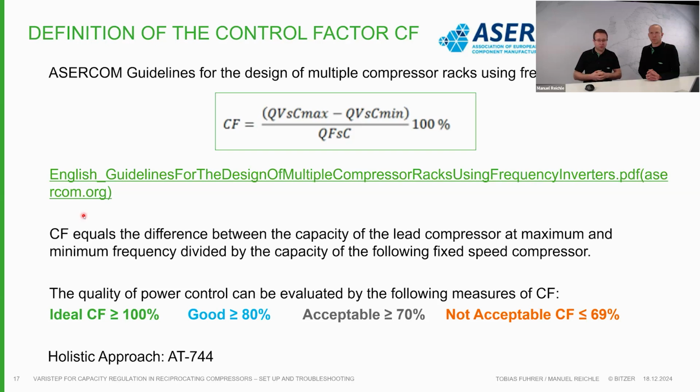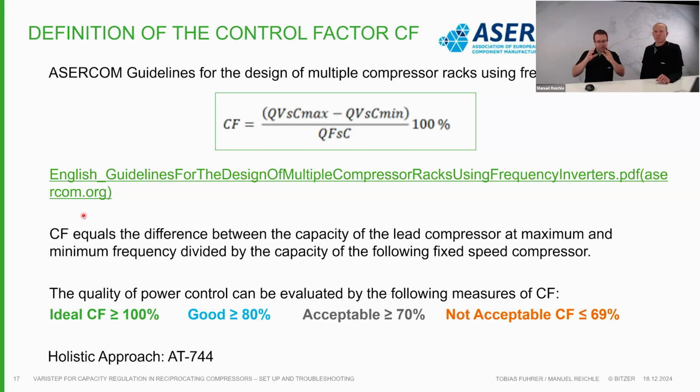Out of that, we highlight this here because they explain this CF factor. It comes out of this document. Bitzer used it also in its own documentation, the AT 744. It's a technical advice, I would say, where we have a little bit more holistic approach also with the LT stage. For this time, it makes it too complicated.